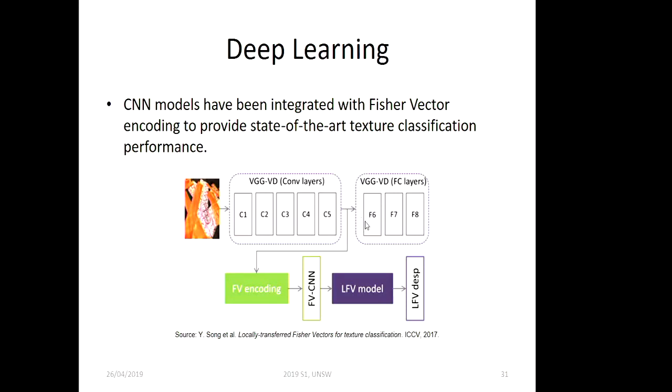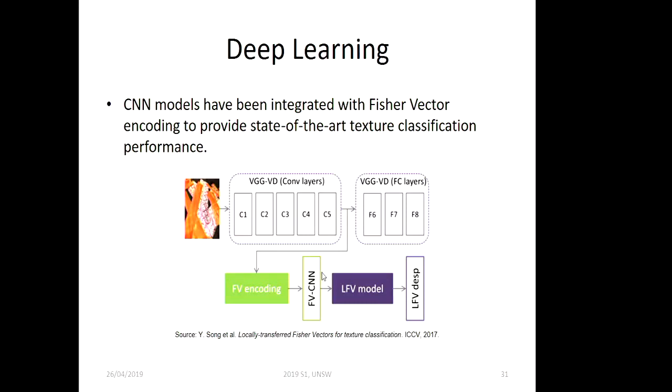If we just truncate this network, we just take the first few convolutional layers, and we get features from the final convolutional layers, and then we can treat them as a set of local features similar to the SIFT features. Meaning we can just use them to replace the SIFT features. And then we just put those convolutional features through a feature vector encoding. And then we get this really long 64K dimensional representation of the image. And then you can just use SVM to do the classification.